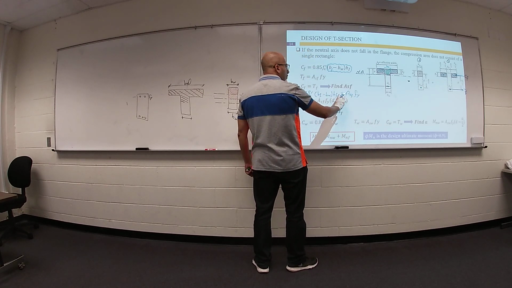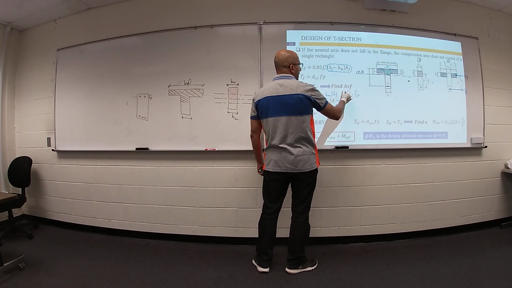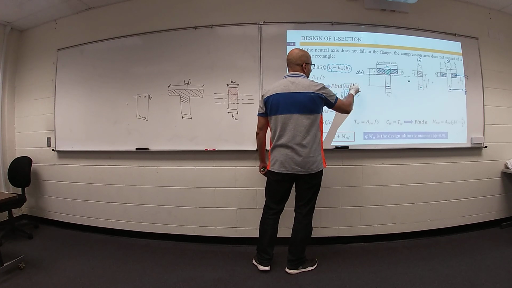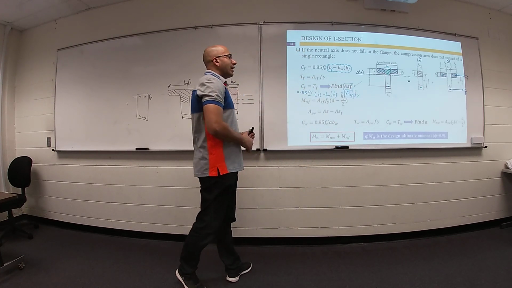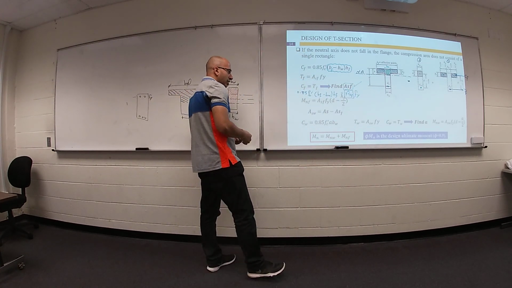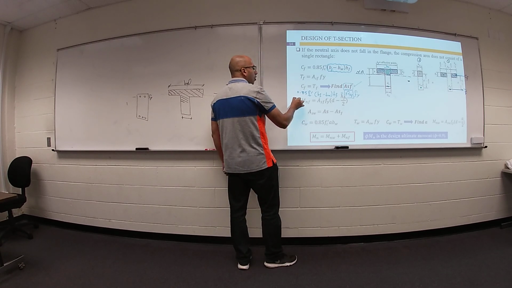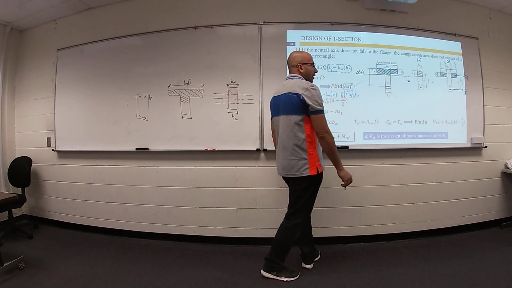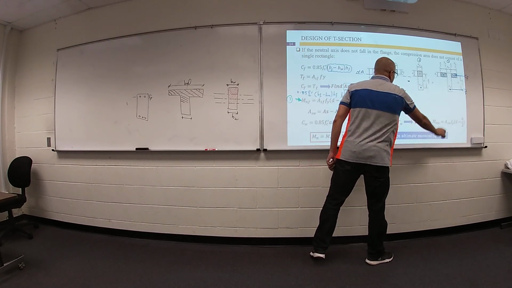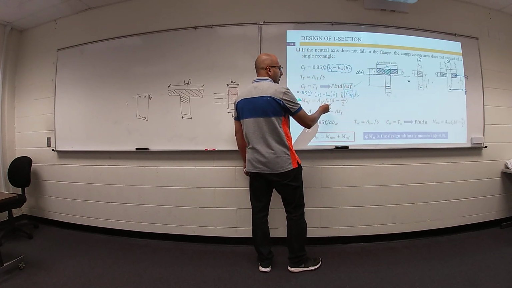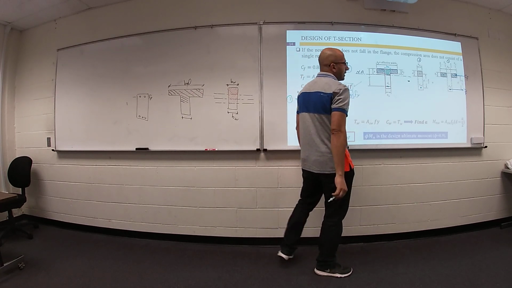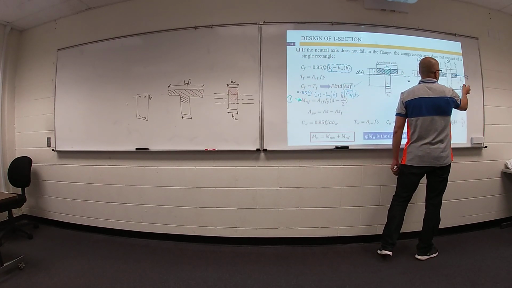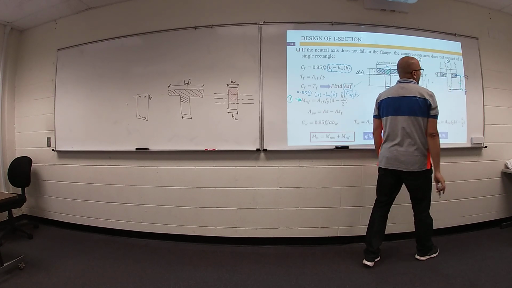The only unknown in this equation is your area of steel flange. You can get it. Once you get it, your nominal moment from this part equals area of steel flange times f yield times the distance between this force and this force, d minus h flange divided by 2.